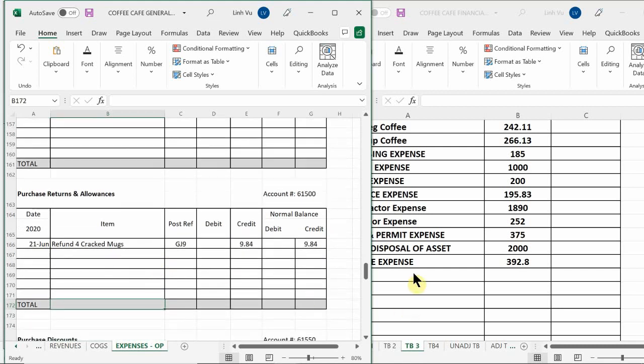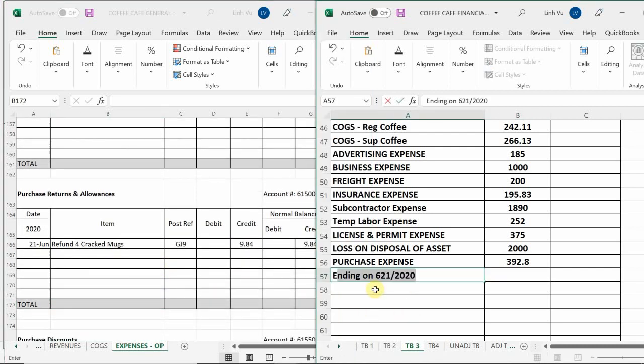Some purchase returns and allowance. For how much? 984. Okay, on the credit side.